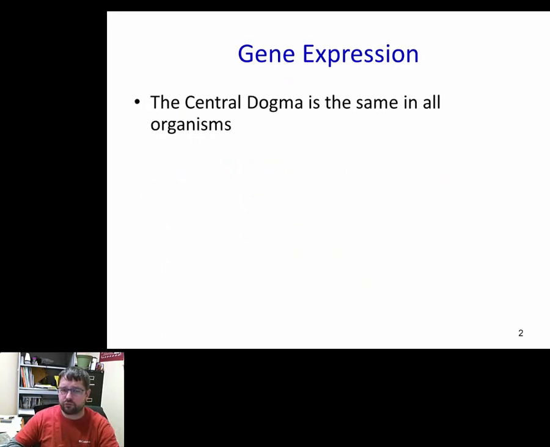So gene expression is really looking at the central dogma, okay? So remember that central dogma theory in the sense that we go from DNA to RNA to protein. And I said before that it's the same in every single organism. Whether you're prokaryote or eukaryote, it's the exact same.